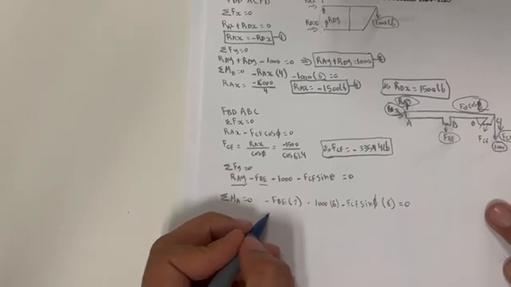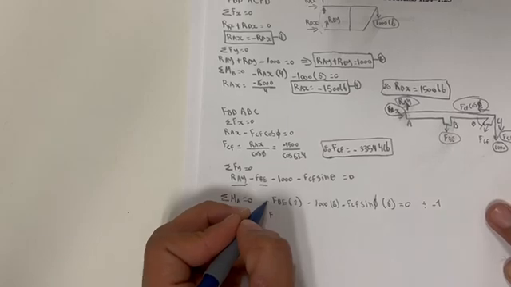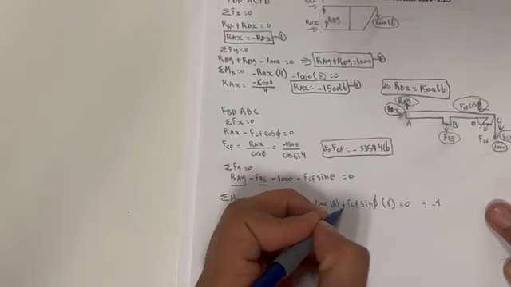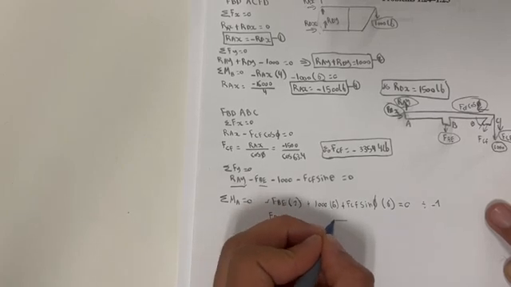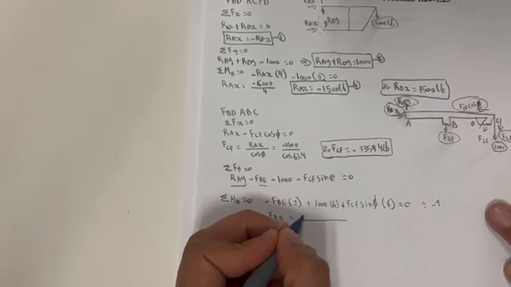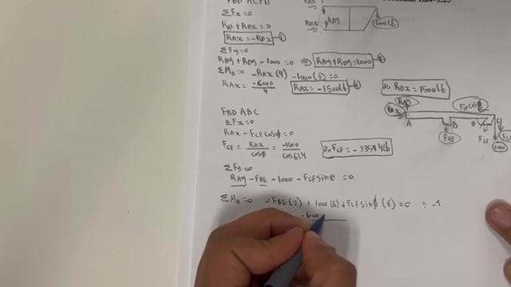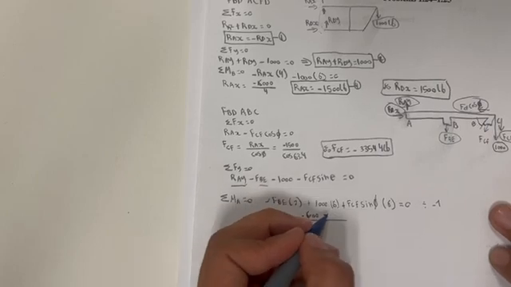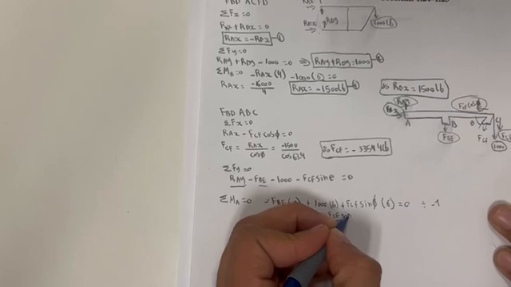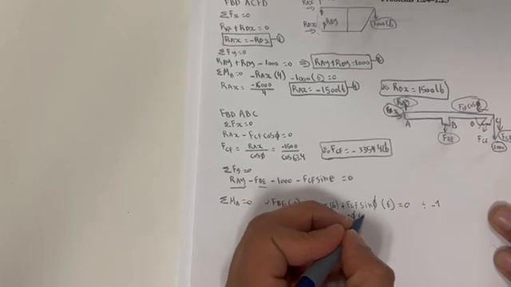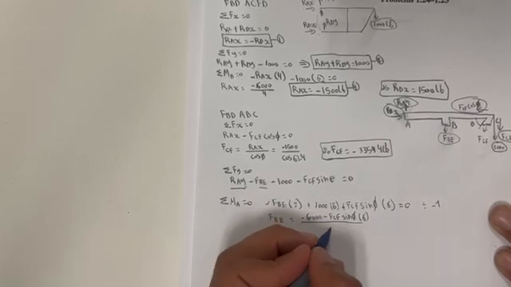Okay, so if we divide it by -1, all of them can be positive. FBE equal negative 6000 minus FCF sine phi multiplied by 6 over 2.